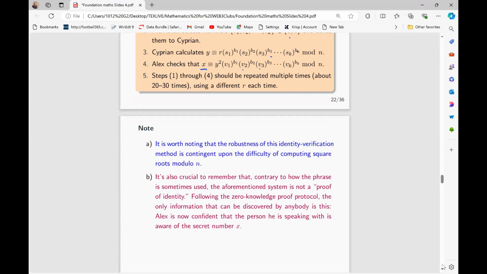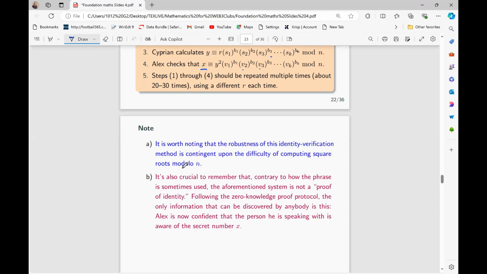I have noted something here. It's worth noting that the robustness of this identification scheme is dependent upon the difficulty of computing the square root. Computing the square root in modular arithmetic is not easy.